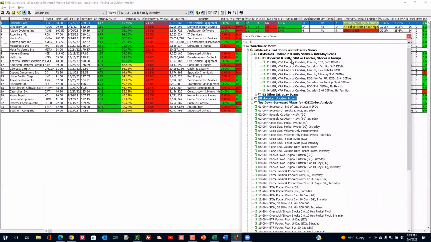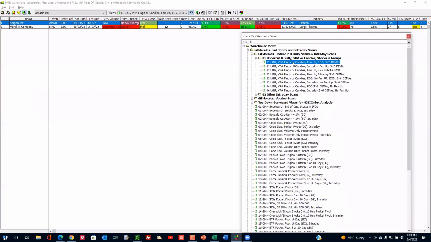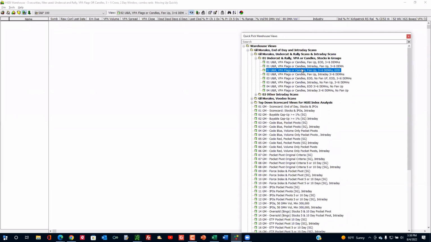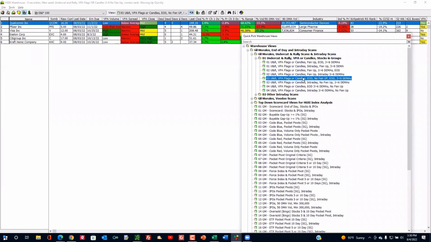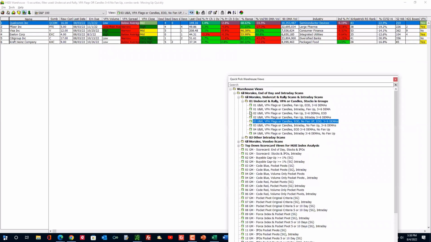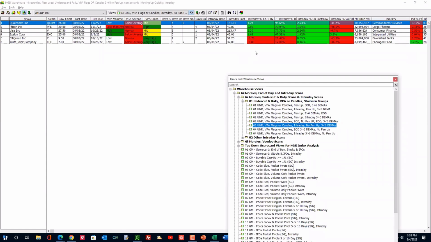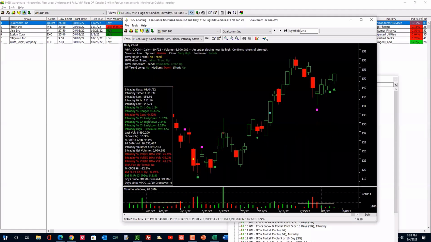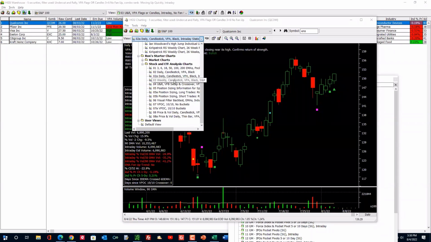By the way, back up here on this undercut and rally, these require a fan up, but you go down here, it says no fan up, so you can find stocks in here. Let me do the intraday. Find stocks in here where the fan is not in place. So let me bring this up, Qualcomm. And then let me drop down to this.